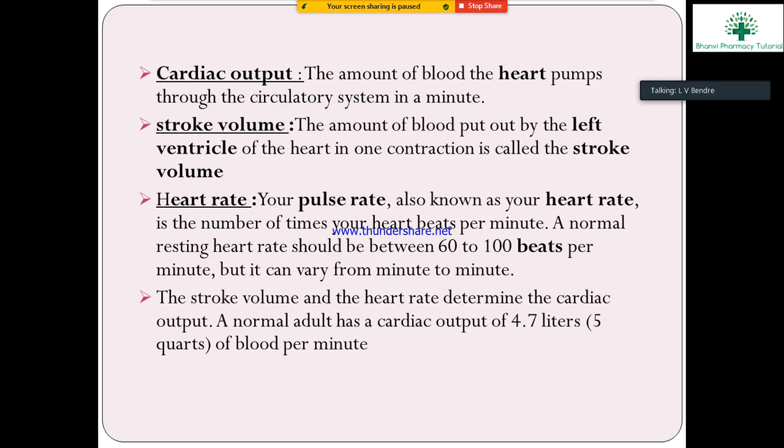The normal adult has a cardiac output of 4.7 liters per minute. Means the heart pumps 4.7 liters of blood in 1 minute.